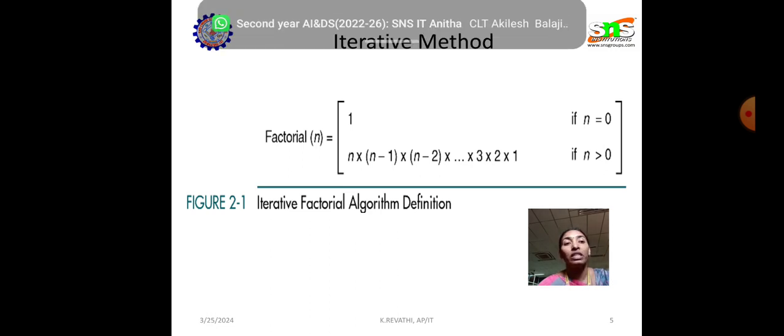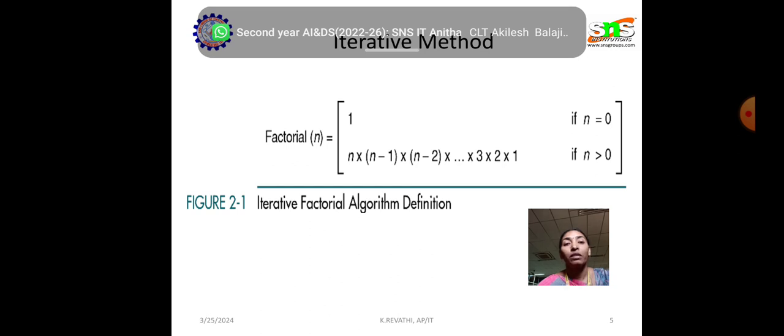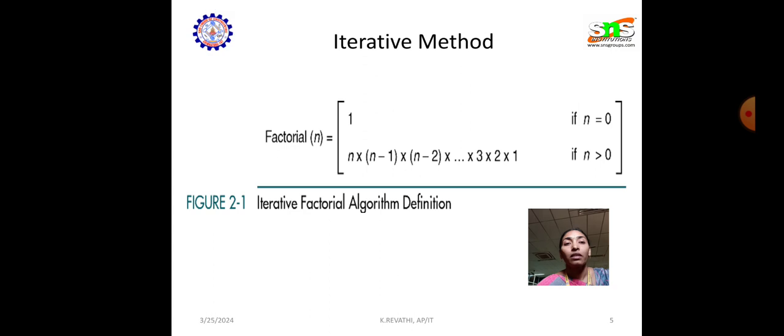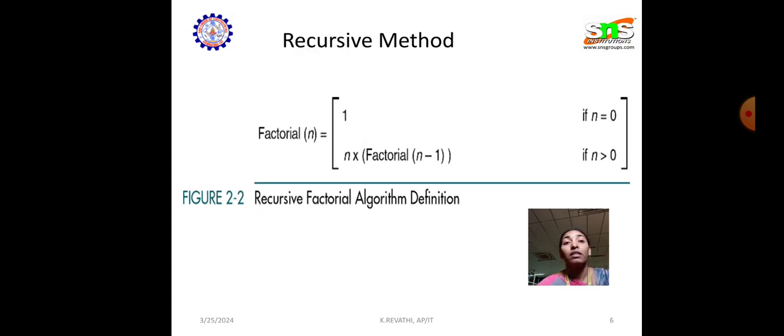Next we have to see how the recursive algorithm is used to give the solution for the factorial of a given number. This is the recursive method of the factorial of a given number. Here the factorial of n is equal to 1 if n is equal to 0.